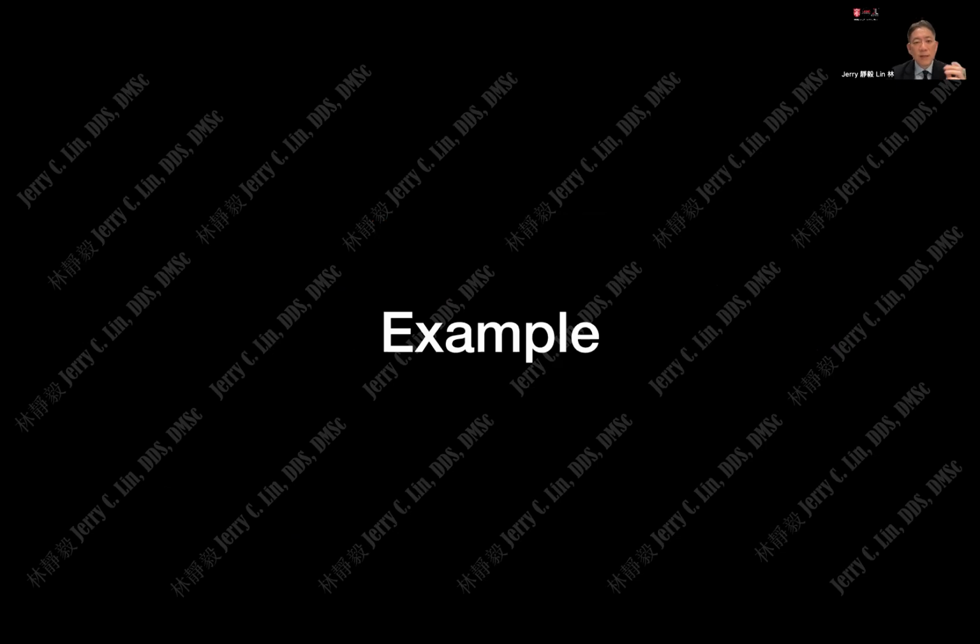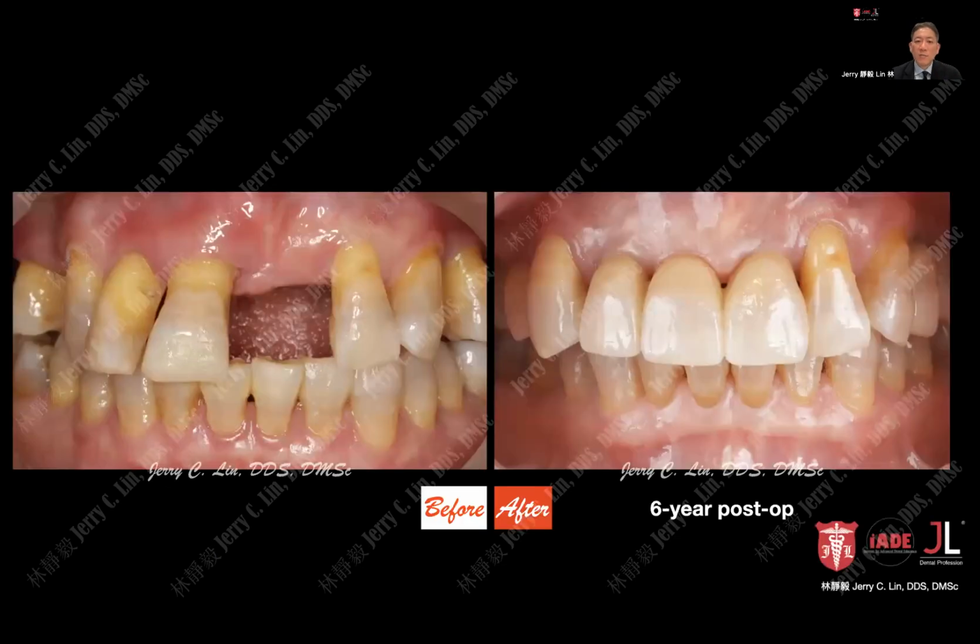example. I would take this example to show how I deal with cases in the aesthetic zone for the reconstruction. On the left side, that's the case initially and at the end, and of course the patient hadn't decided to have root coverage on this lateral incisor. That's why I would leave it that way.